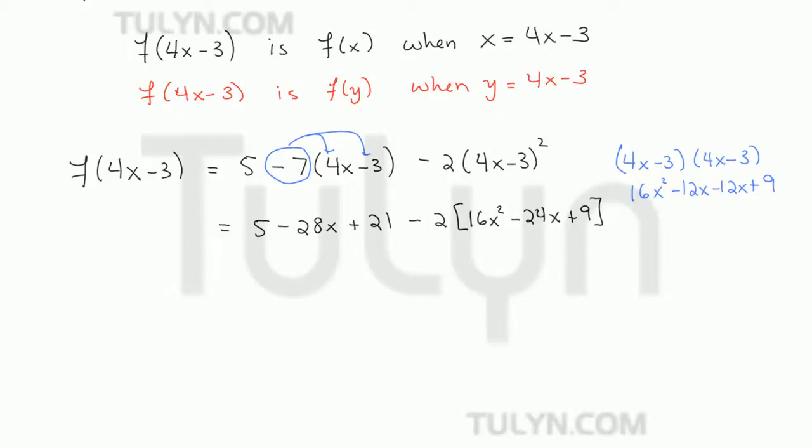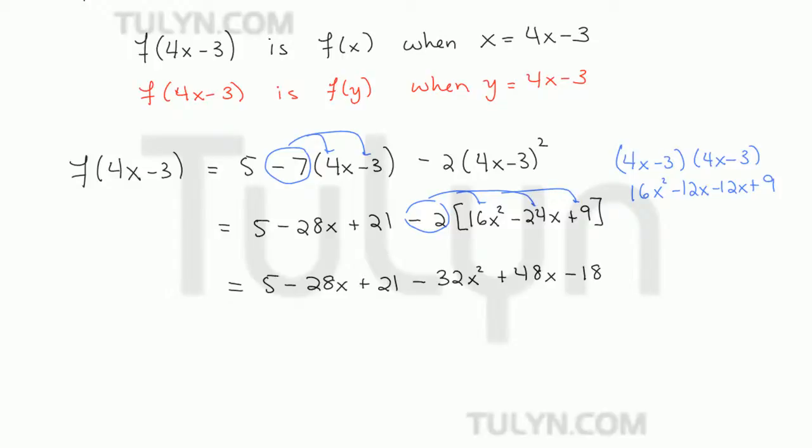So now, as my next step, before I combine everything, I'm going to distribute this negative 2 into each of the terms in here. So we get 5 minus 28x plus 21, and then minus 32x squared plus 48x minus 18, right?